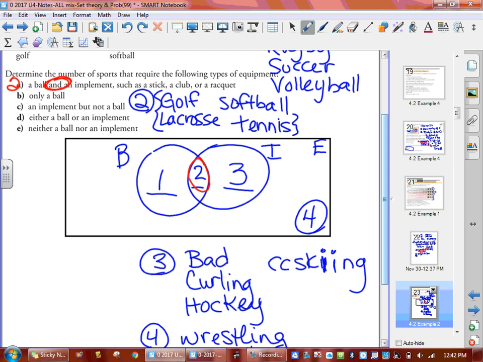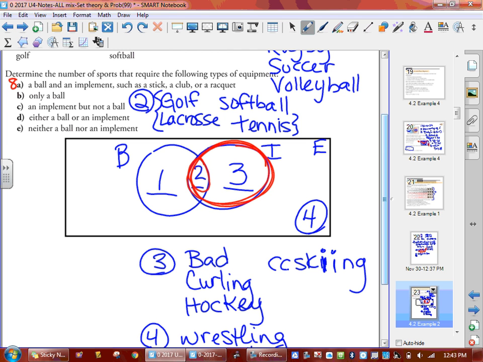So in region 3, we have listed 4 items. So here we've got the number of implements are 8. Region 3 and 2 would add to 8. Ball only, so that's region 1 we're talking about now. That would only be 5 sports in there for region 1. Letter C says an implement but not a ball, so that's region 3, and region 3 has 4 items in it.